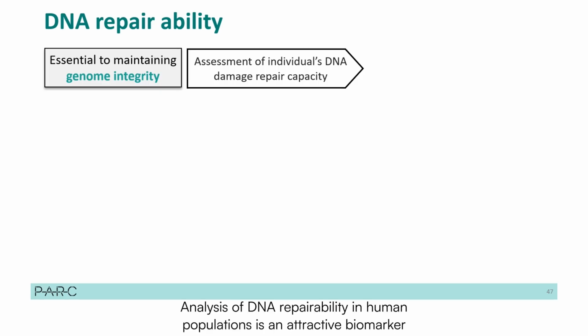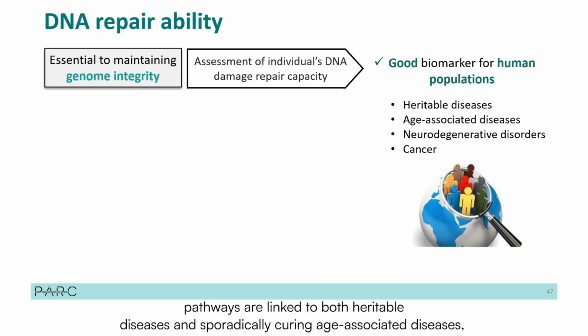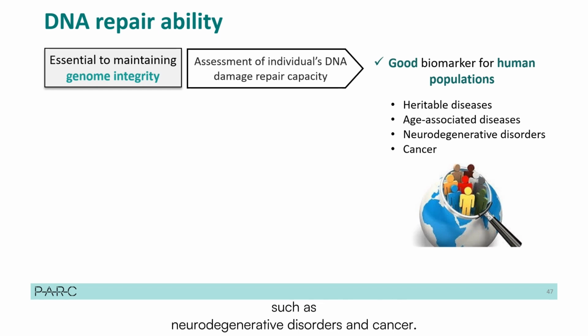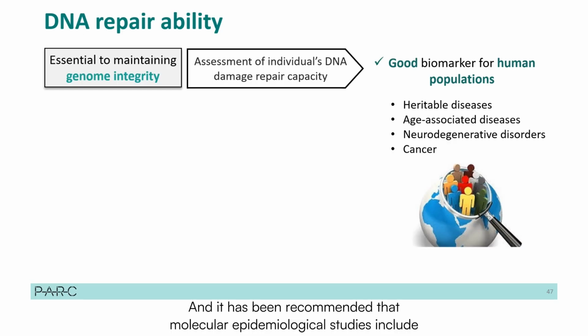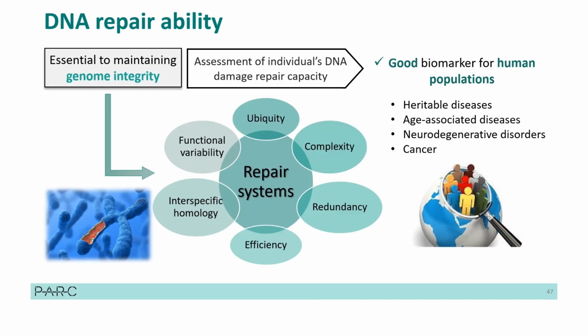Analysis of DNA repair ability in human populations is an attractive biomarker for clinical investigators because alterations in several DNA repair pathways are linked to both heritable diseases and sporadically occurring age-associated diseases, such as neurodegenerative disorders and cancer. And it has been recommended that molecular epidemiological studies include the assessment of individuals' ability to remove DNA damage.